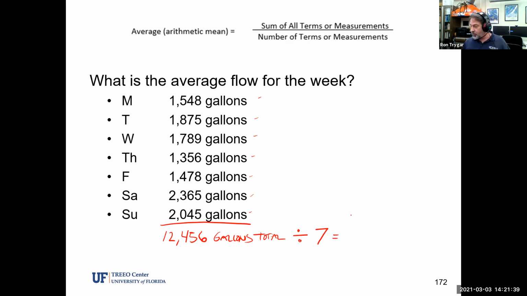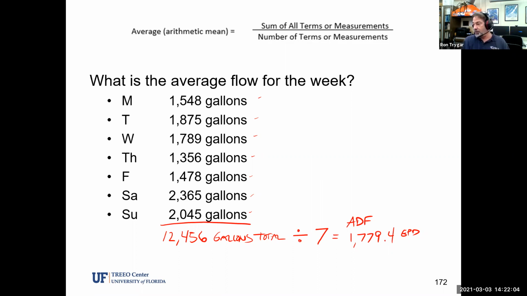and my average daily flow, ADF, for that week is 1,779.4 gallons per day. So the average flow for that plant is 1,779.4 gallons per day.